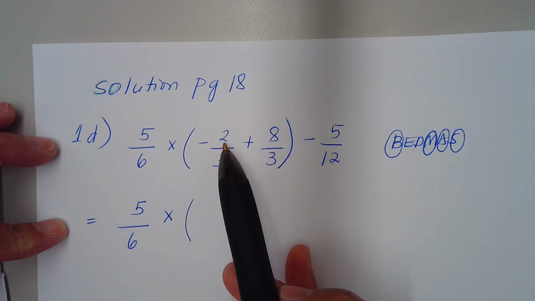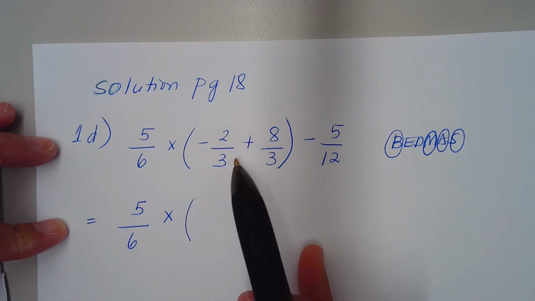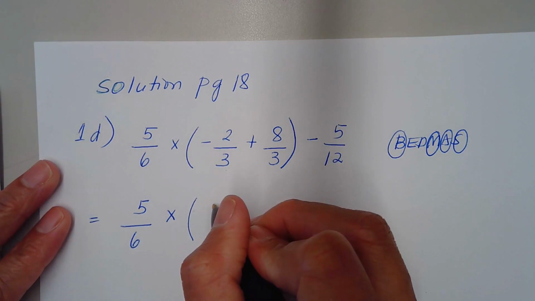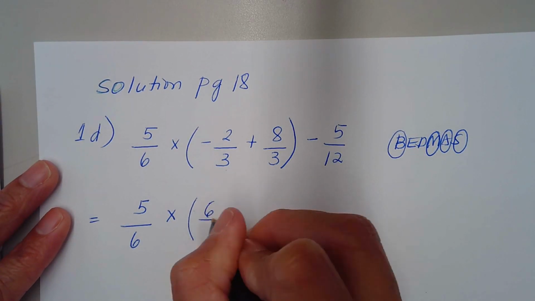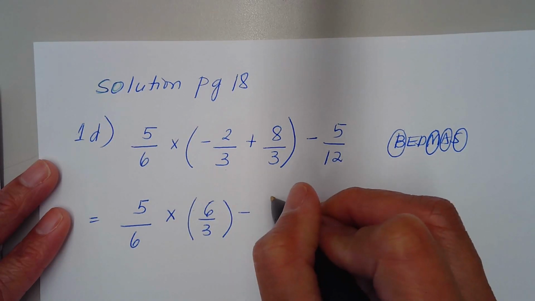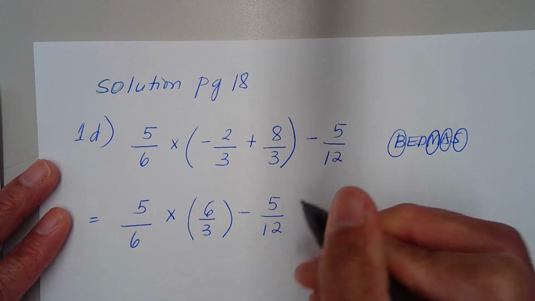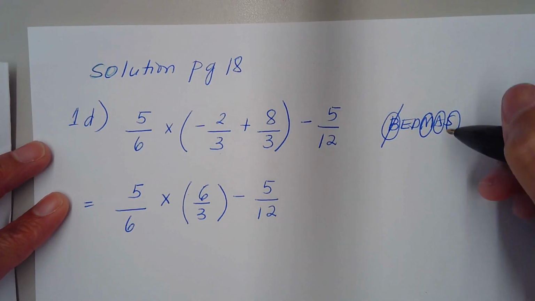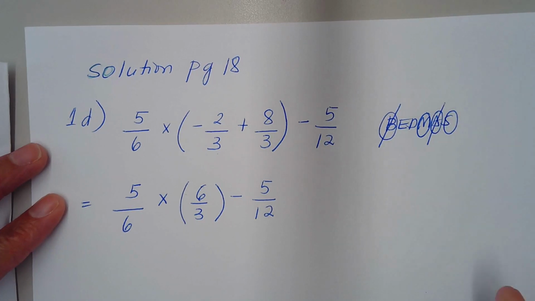Now here, negative 2/3 plus 8/3, what does that equal? It's going to be 6/3 minus 5 divided by 12. Okay, so here we've actually tackled the brackets, which is also the addition piece.